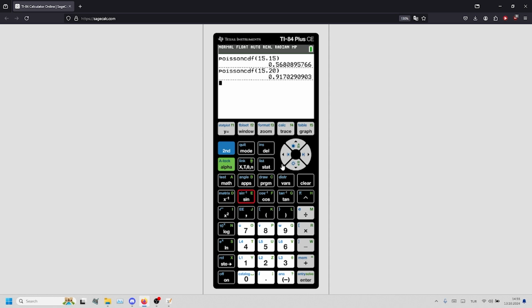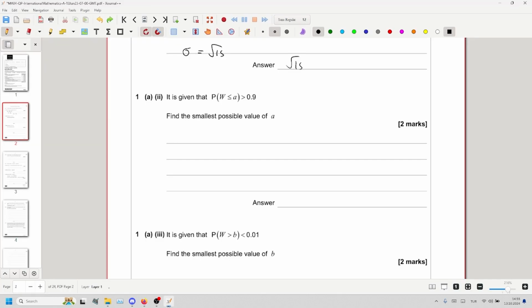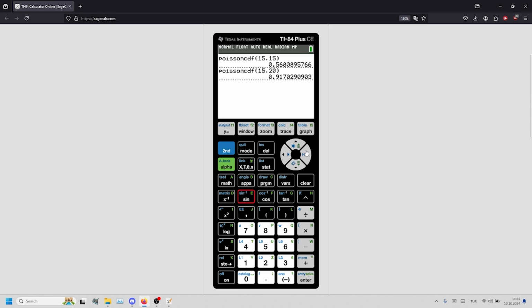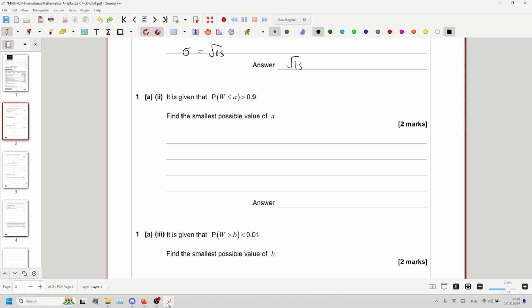So this is 0.917. That is in fact greater than 0.9, but let's see if 19 also holds that. There we go. That's 19, and that's actually less than 0.9. So our answer here is that a is in fact 20, because that would be the smallest possible value.